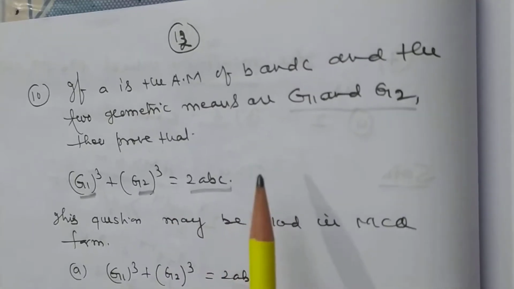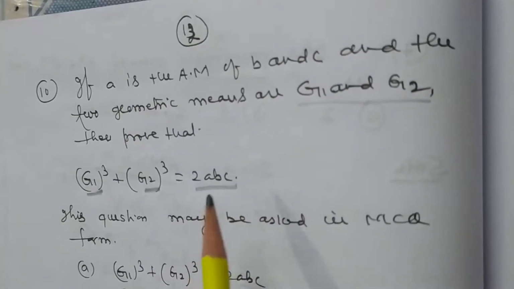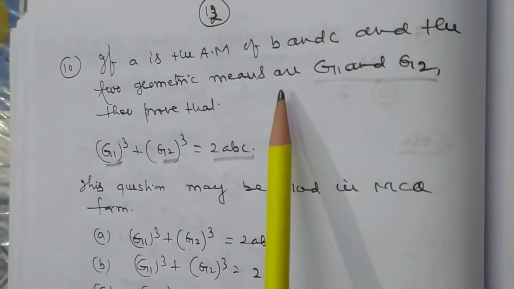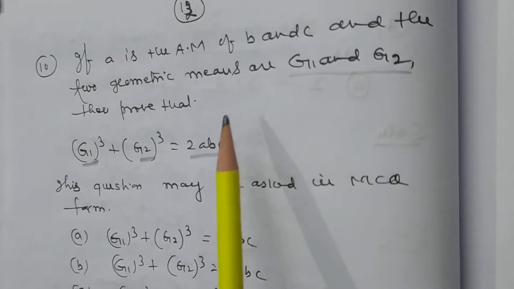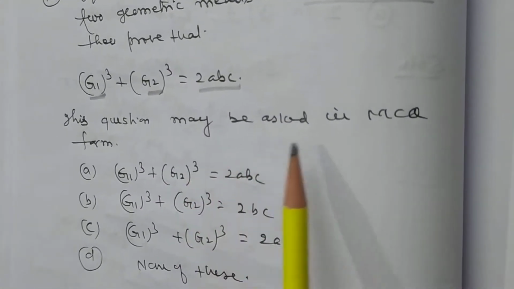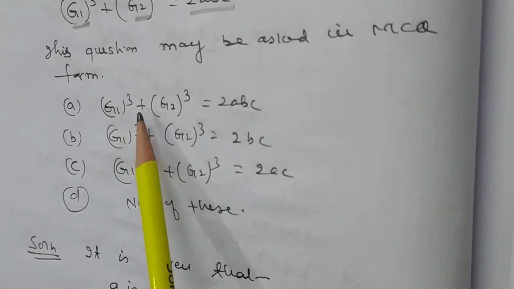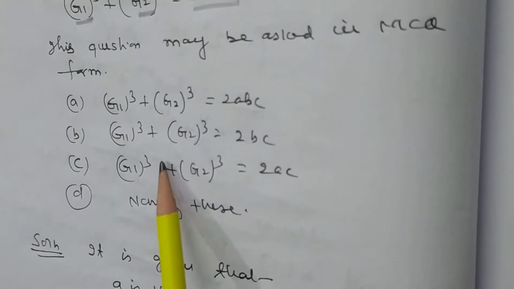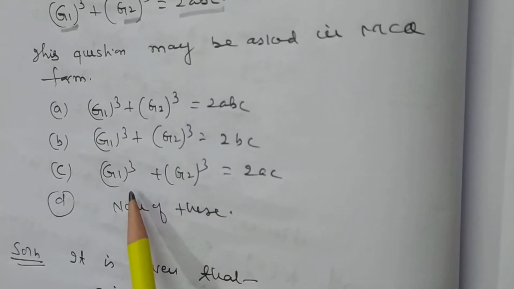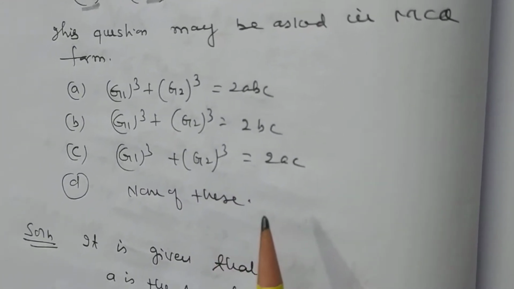My dear student, this is a combined application of AM and GM. This question may be asked in MCQ form: G1 cube plus G2 cube is equal to twice ABC; G1 cube plus G2 cube is equal to twice BC; G1 cube plus G2 cube is equal to twice AC; and none of these.